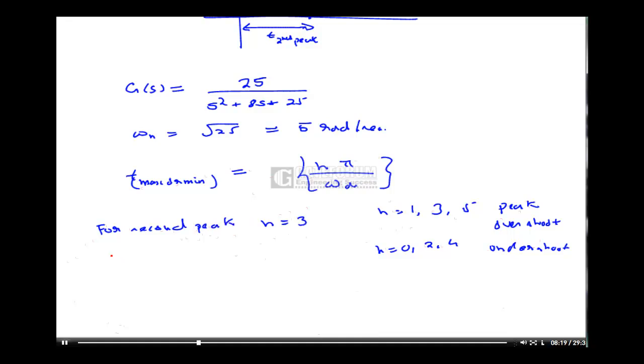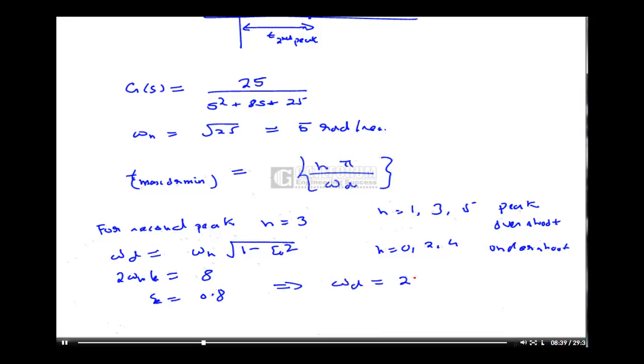N equal to 3. Omega d will be how much? Omega d is nothing but omega n under root of 1 minus zeta square. So how much is zeta? 2 zeta omega n equal to 8. So zeta equal to 0.8. This implies my omega d is equal to 5 times root of 1 minus 0.8 whole square.